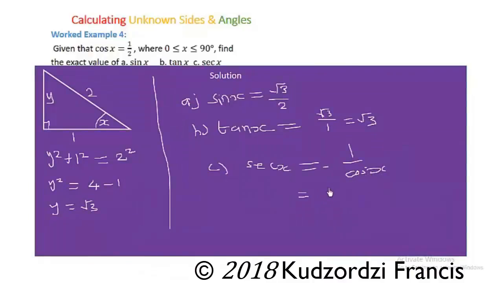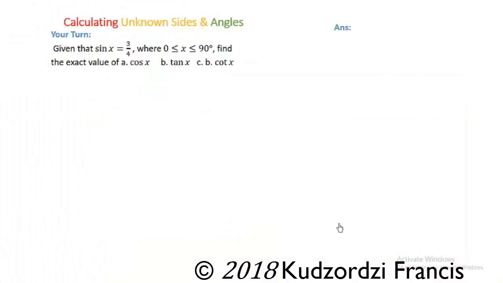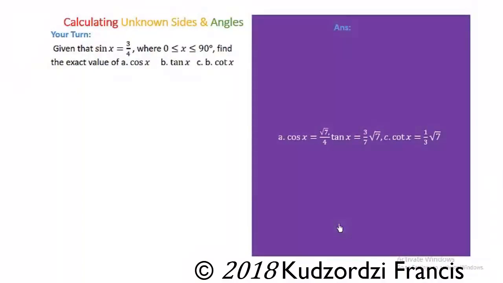So this will give us 1 over 1 over 2, and this will give us 2. Try this one, and you get the following results.